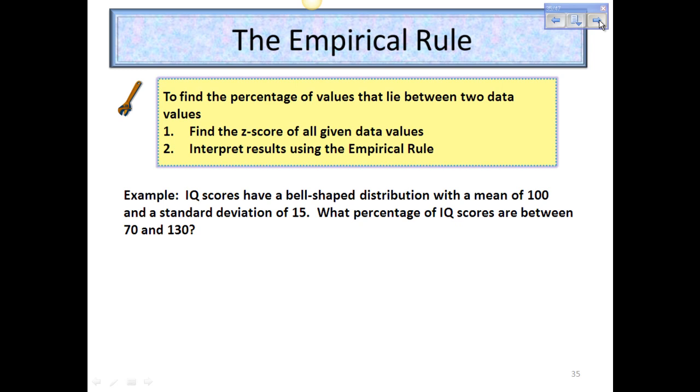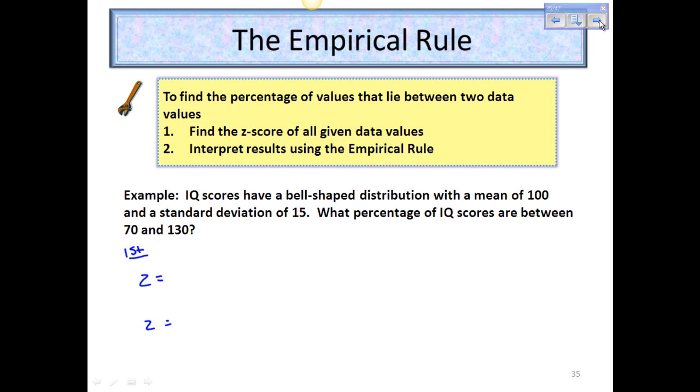So we have IQ scores that are bell-shaped with a mean of 100 and a standard deviation of 15. What percentage of IQ scores are between 70 and 130? So first step is to find two different z-scores, one for each data value that you're given.